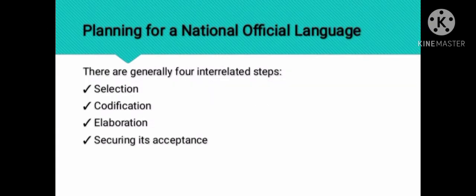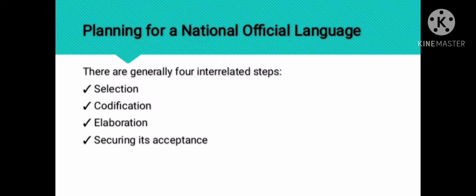Okay, I will explain about planning for a national official language. There are generally four interrelated steps. The first, selection. Selection is choosing the variety or code to be developed. The second, codification.